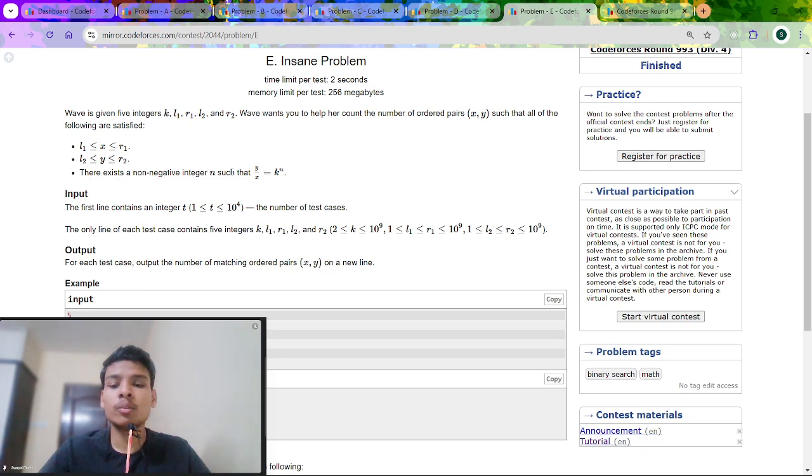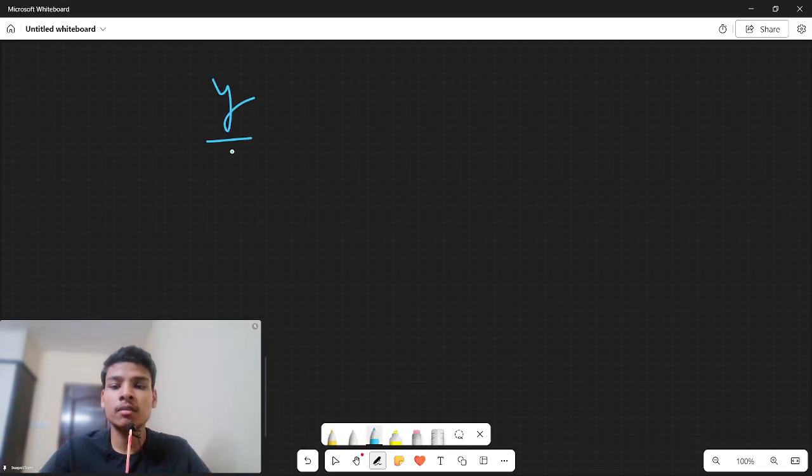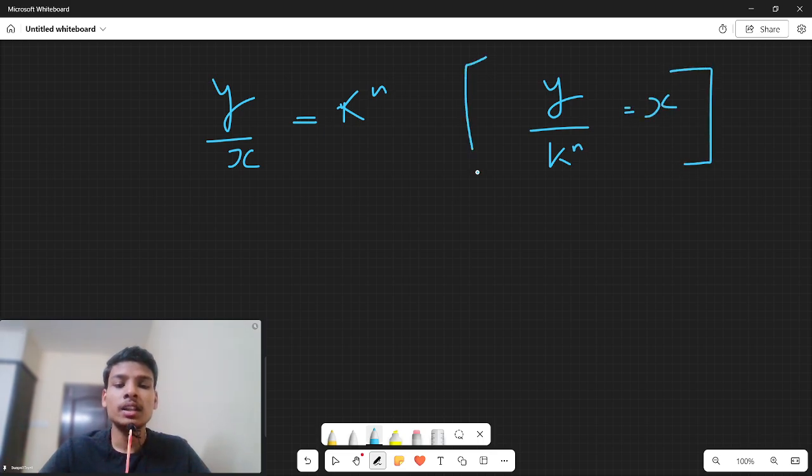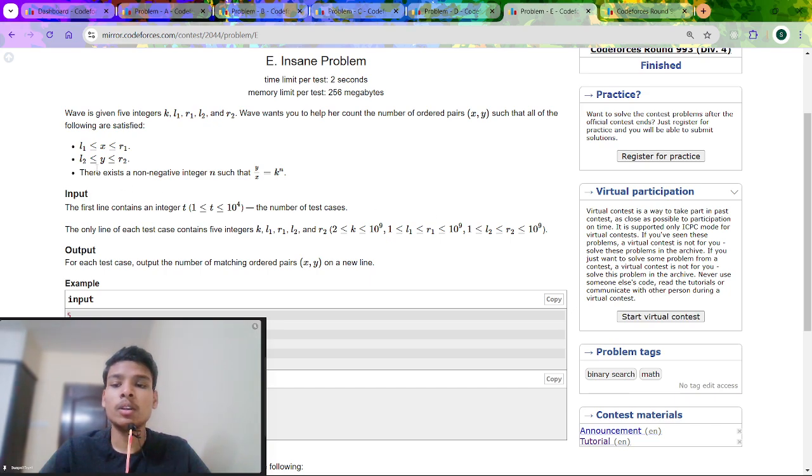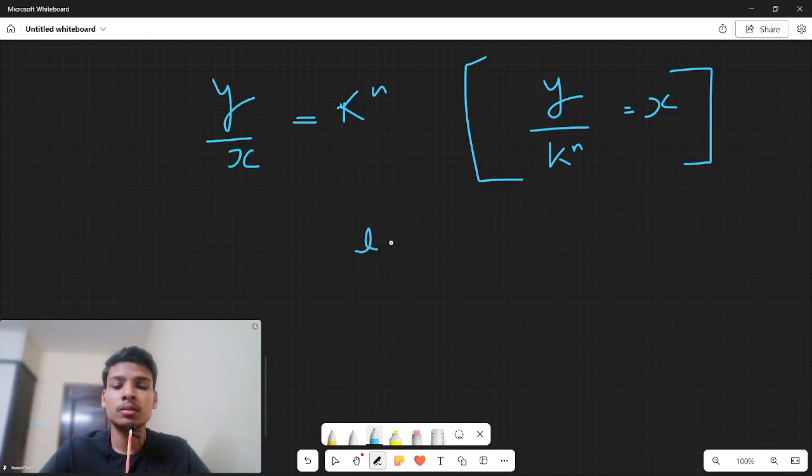The statement given to me was that y divided by x should be equal to k to the power n, right? If I reverse the condition, which means if I put it this way, y divided by k to the power n should be equal to x, right? And what are the maximum and minimum value of y? The maximum and minimum value of y is simply R2 and L2.